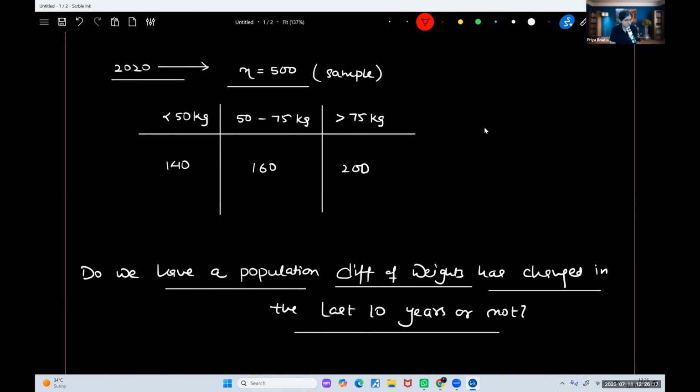This is something which obviously you can call it as an observed observation. ये एक observed value है, right? This is the observed data that we will be having.